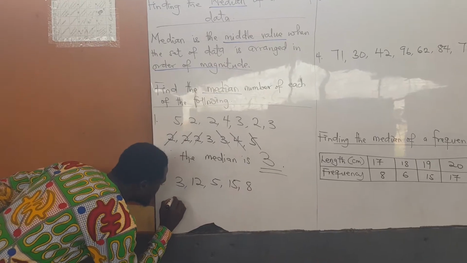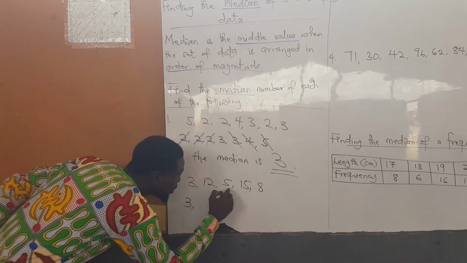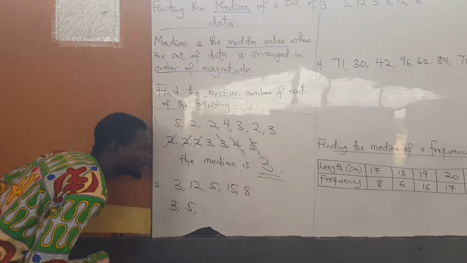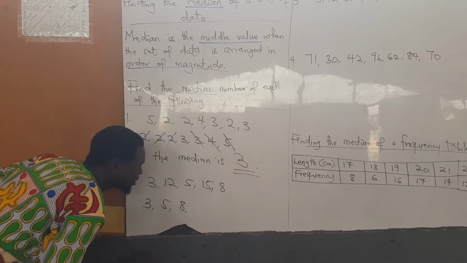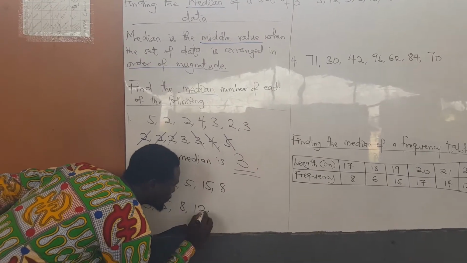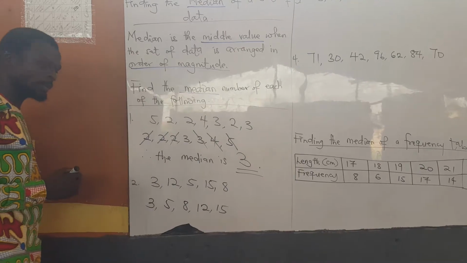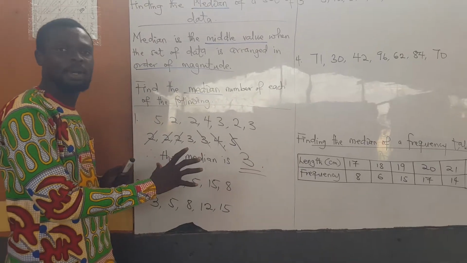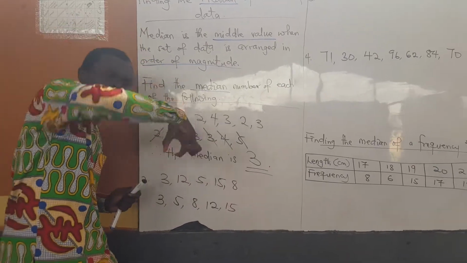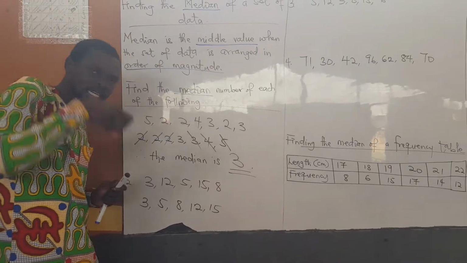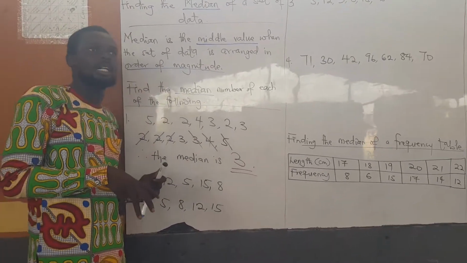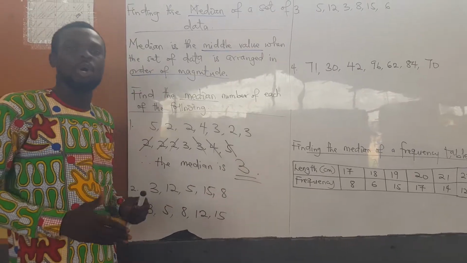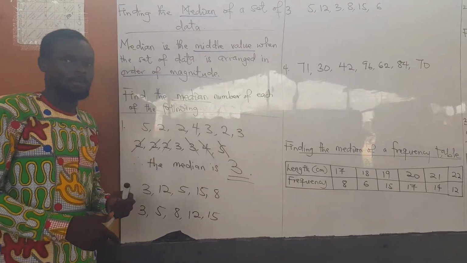So we have here 3, we have 5, we have 8, we have 12, and finally 15. Now when you look at this, after arranging the numbers in order of magnitude, fish out the middle number. And that middle number becomes your median.